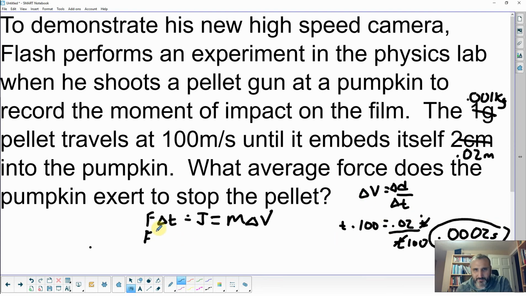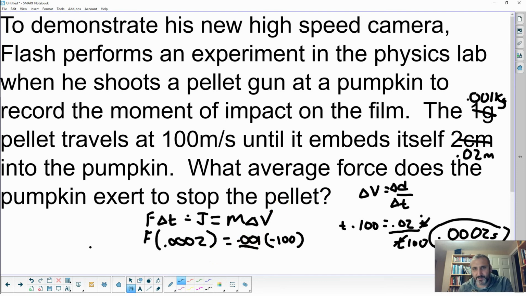So now we've got F times 0.0002 seconds, which equals the mass, which is 0.001 kilograms, times the change of velocity, which is negative 100 meters per second. So 0.001 times negative 100 is going to be negative 0.1.